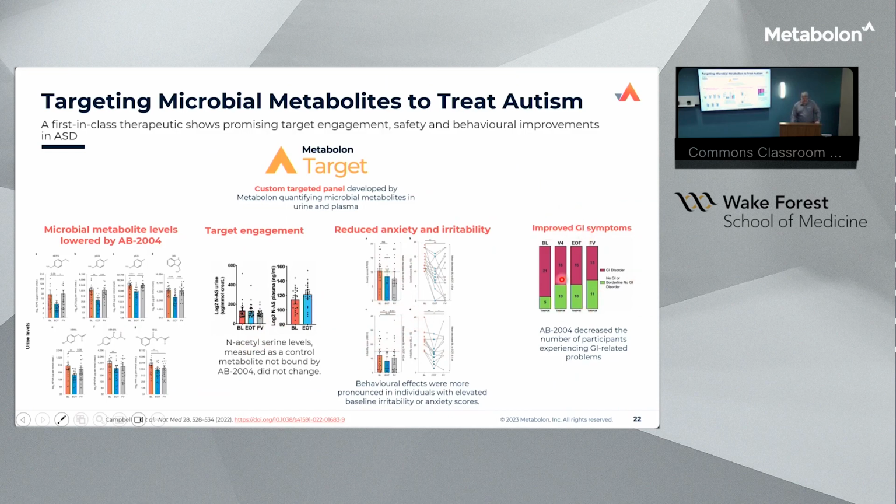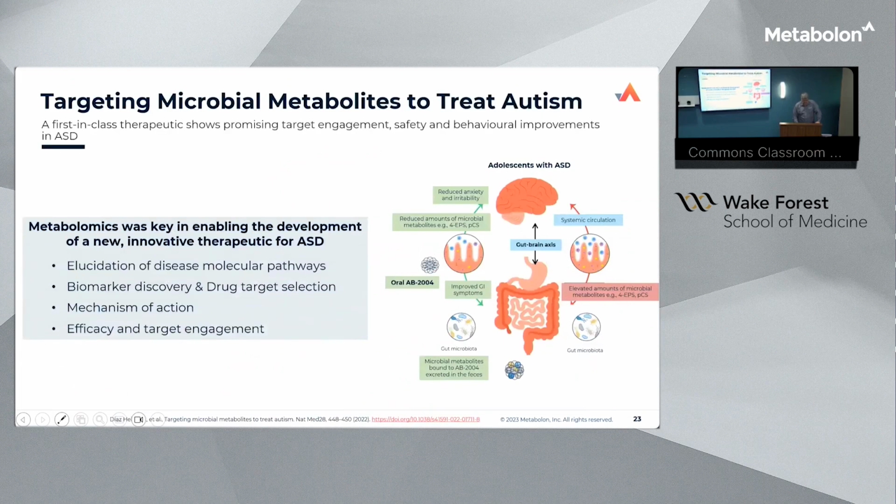The GI symptoms that are usually associated were also evidently treated, because there was improved performance of the GI-related problems in this cohort. Being able to measure these metabolites was really effective, and having this customized panel developed with them resulted in a very good end product for this client.